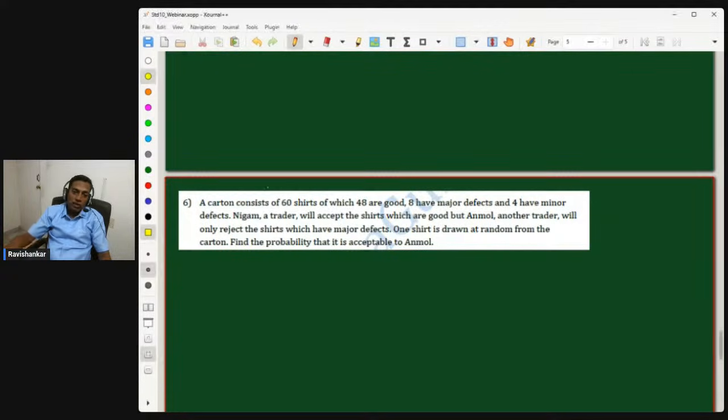The question is, what is the probability that it is acceptable to Anmol? Now, Nigam will accept shares which are good, but Anmol will only reject shares which have major defects. So that means, total number of shirts is 60.